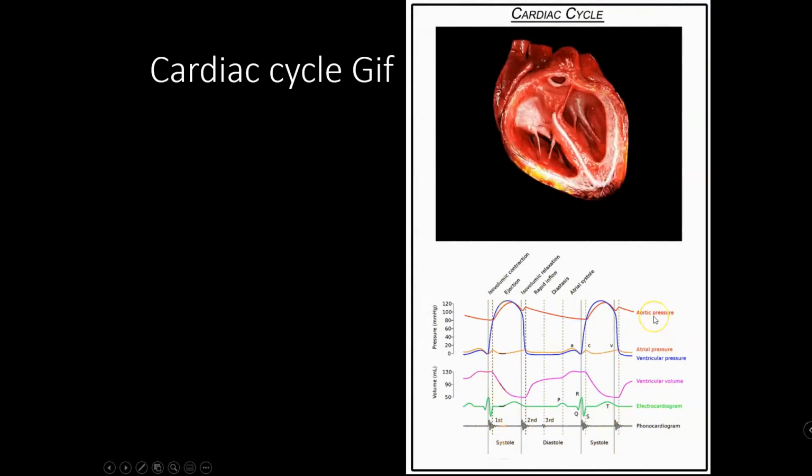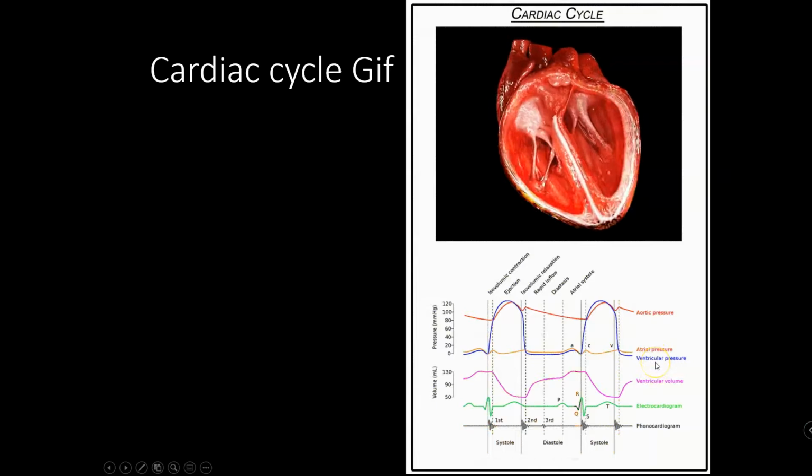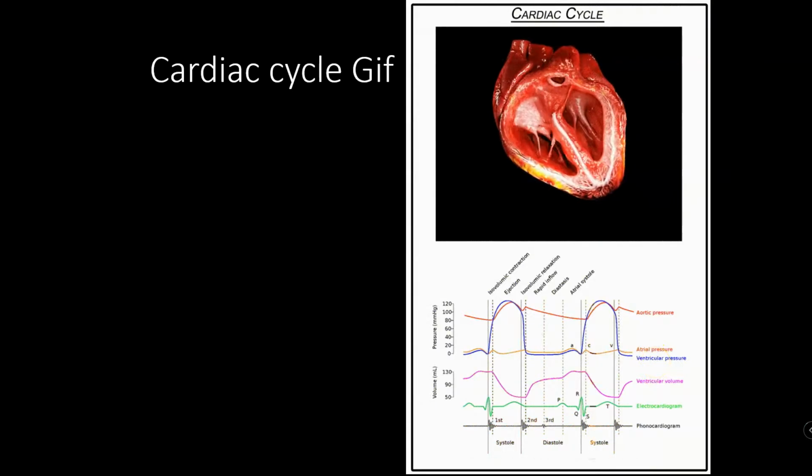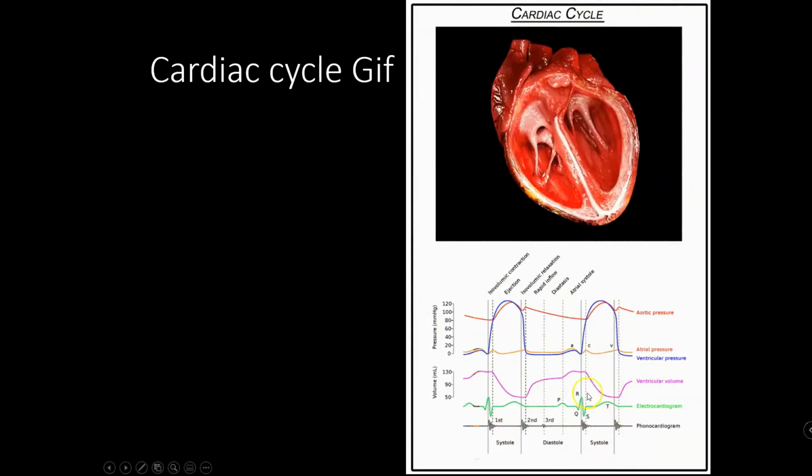They're showing you pressure in the aorta. That's going to increase as the left ventricle contracts. Atrial pressure is going to increase when the atria contract. Ventricular pressure is going to increase when the ventricles contract. Ventricular volume is one that's going to be important, and we're going to talk about that in the next video.